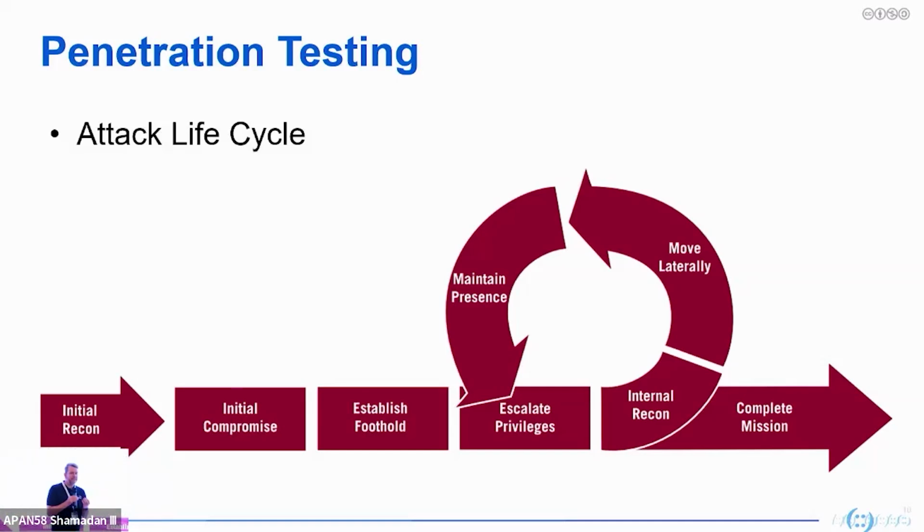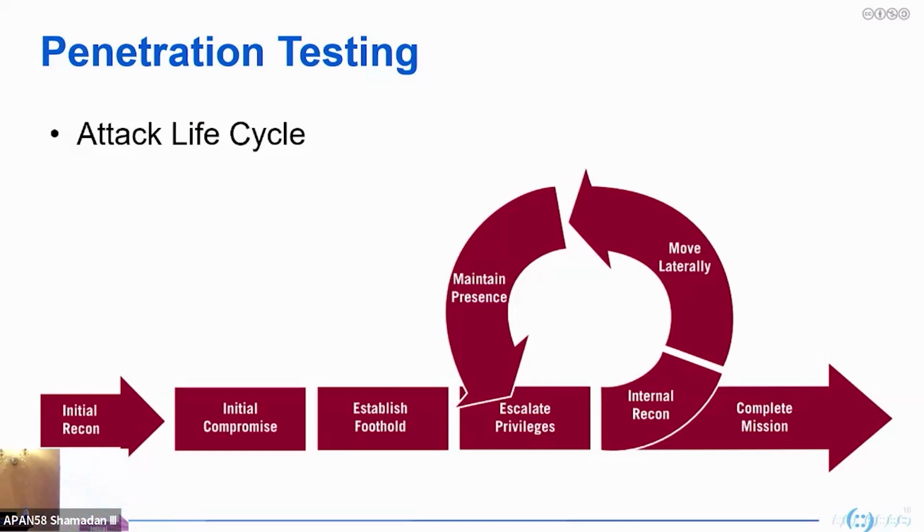So after they get into that first point in your network, they're establishing a foothold so they can come back to the network easily. This might be opening up a reverse SSH tunnel. This might be changing a username and password or creating a new user account that they can log in with, or maybe changing firewall rules. This is whatever they can do with the permissions they have already.